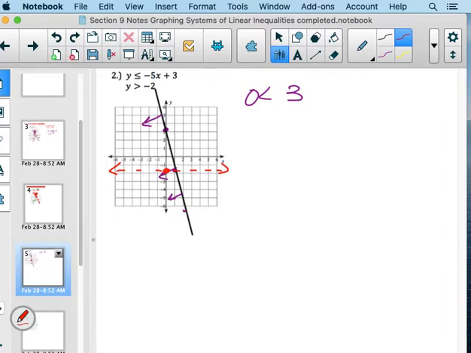And now where would I shade? I want the y's greater, is 0 bigger than negative 2? Yes, so I want my arrows to point up towards 0, 0. And so this large area over here is where my shading or my arrows are going to overlap.